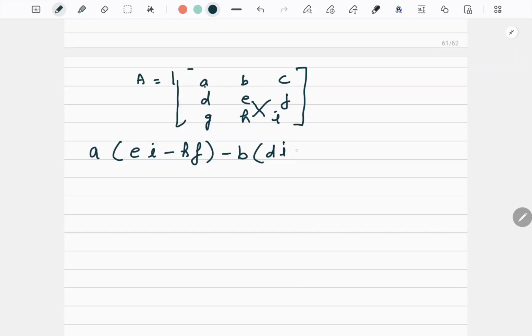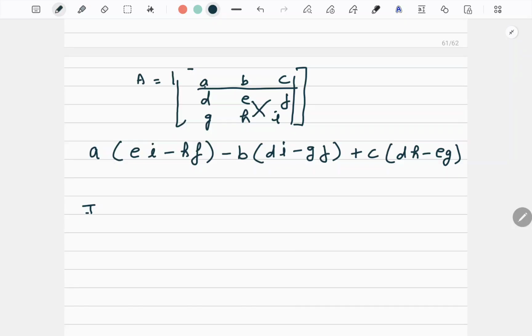So D into I minus G into F, plus C, and here in the bracket you hide this and this. So DH minus EG. So this gives me the determinant value of a matrix. In a separate video, we will practice questions on determinant. This is only the explanation of what exactly a determinant is.